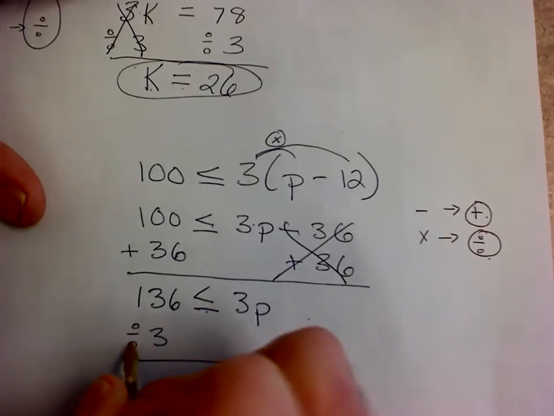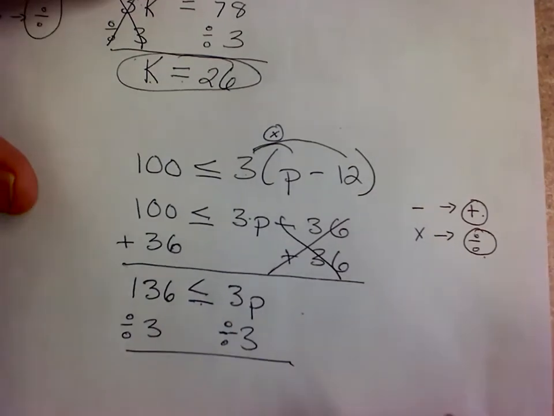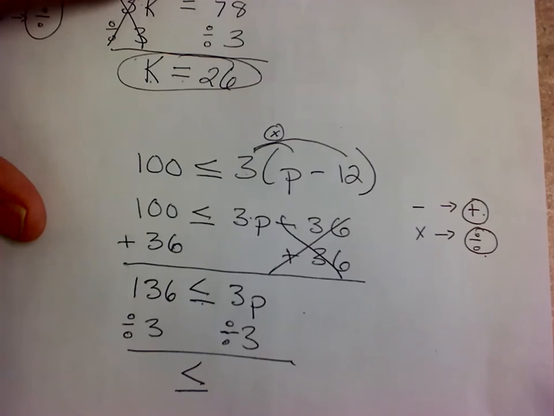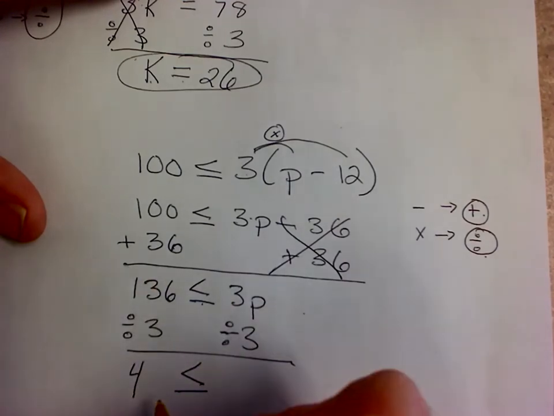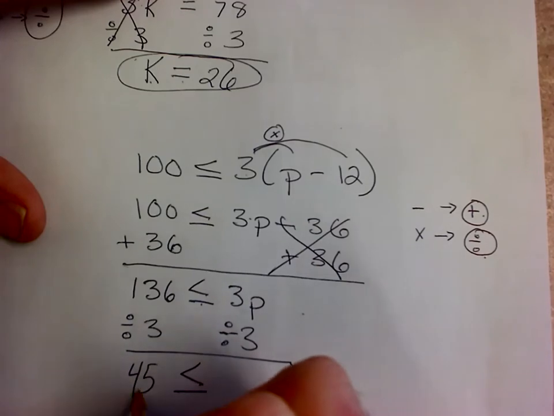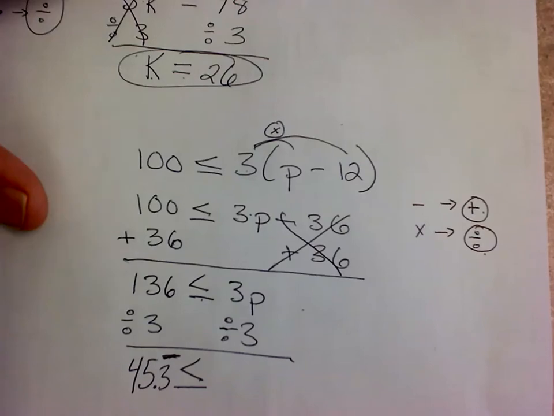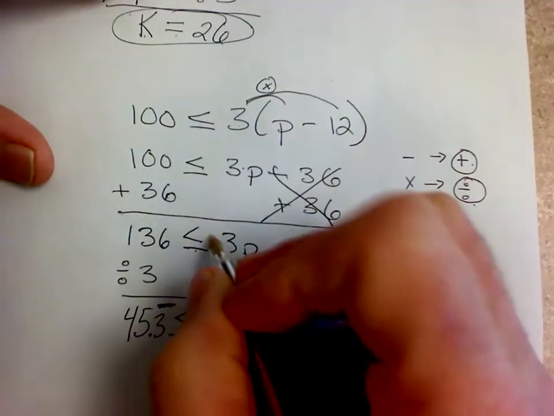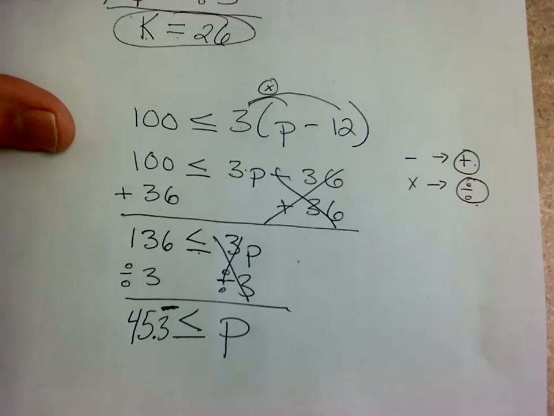So I'm going to divide by 3, applying that rule to both sides. Bring down my symbol. 136 divided by 3 is 45.3 repeating. 45.3 repeating is less than or equal to p.